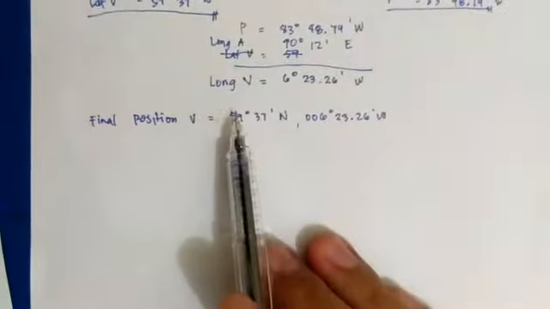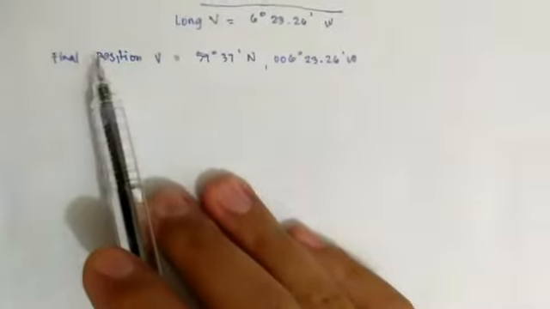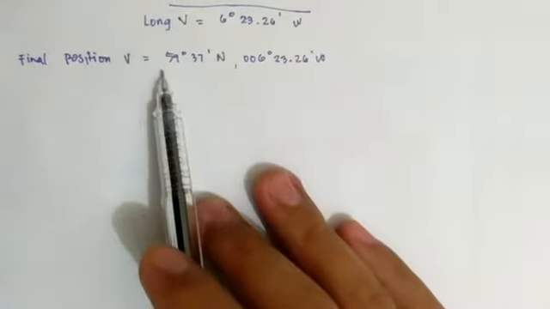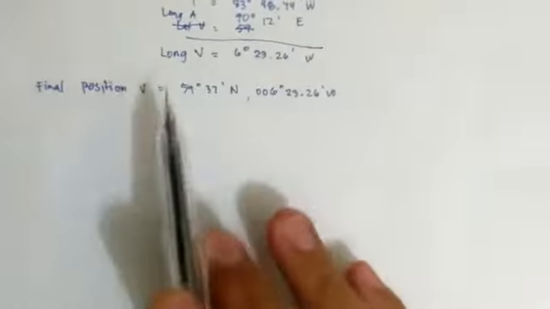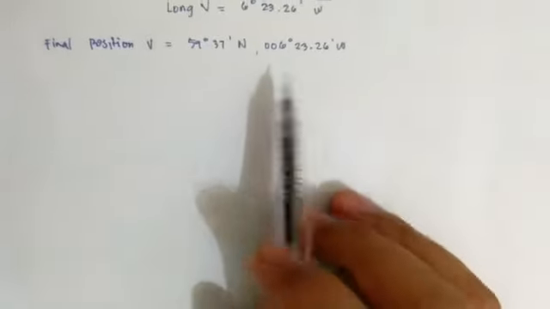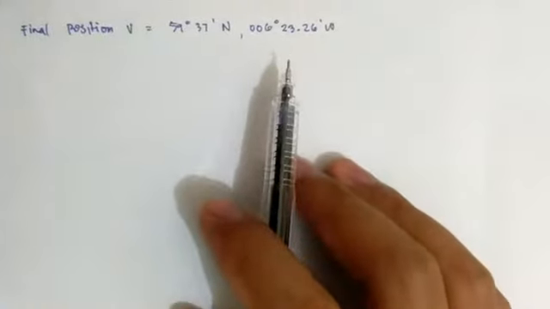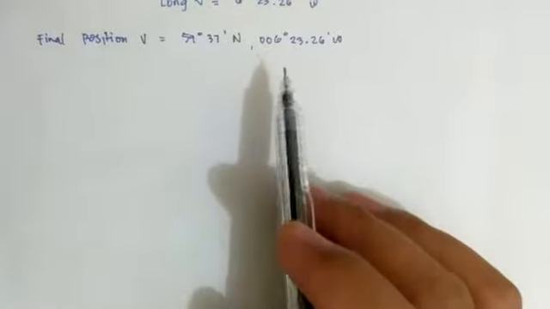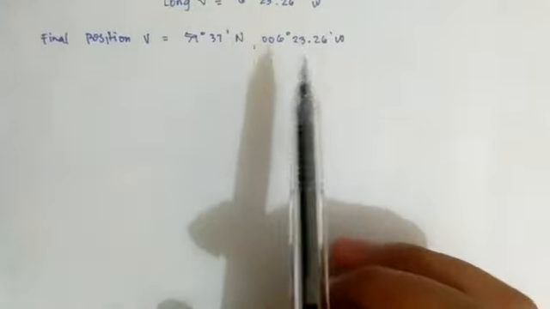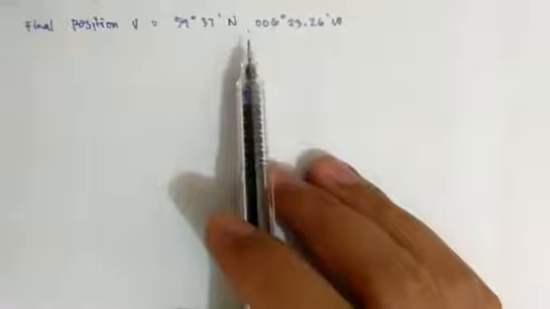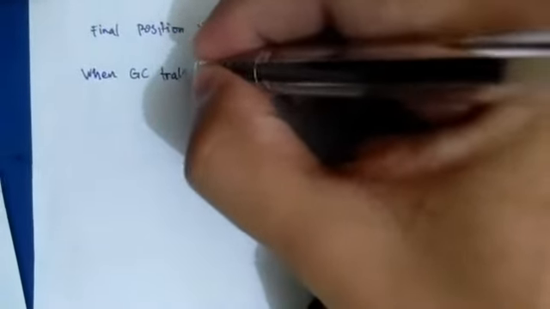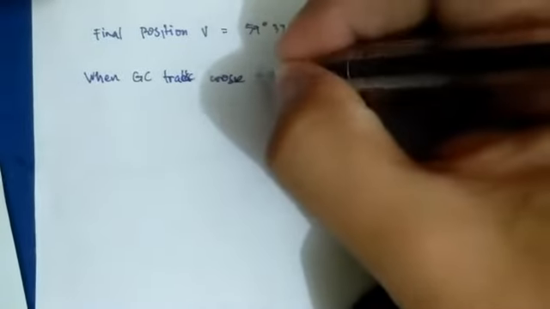Since we already have the final position of our vertex, which is the latitude and the longitude, next is to find where the GC track crosses the equator.